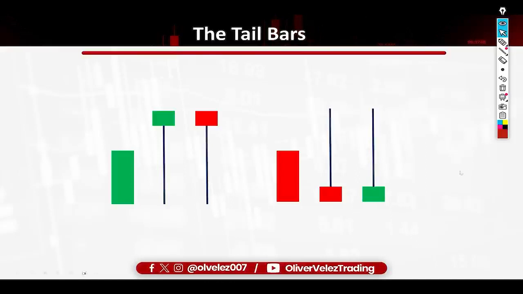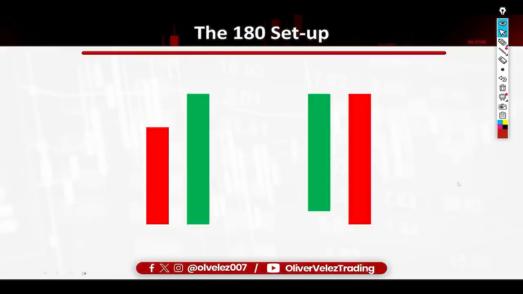Okay, now, the last event, this is the last one. We have elephants, tails, dual tails, and 180s. I call these 180s to represent the fact that this is almost like a 180-degree turn in your stock.